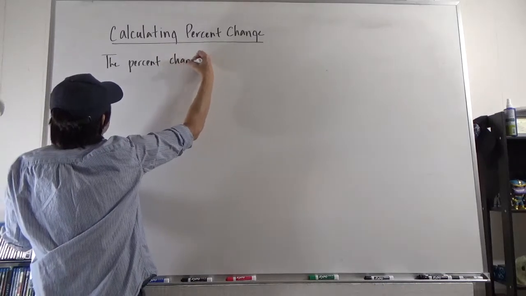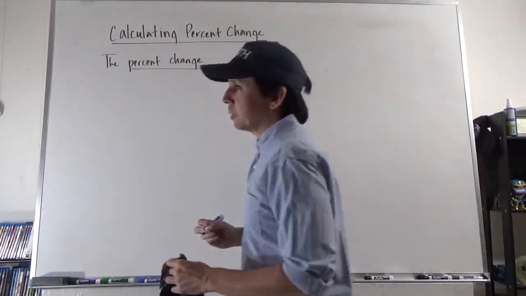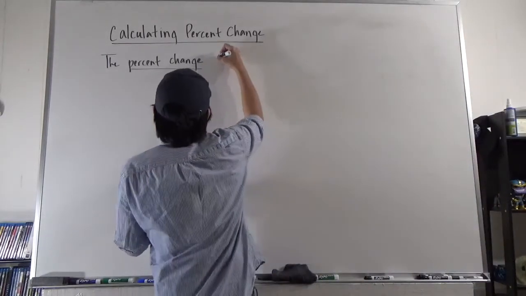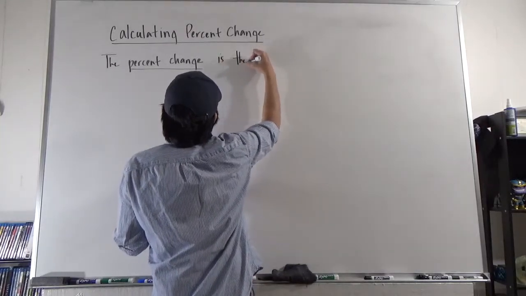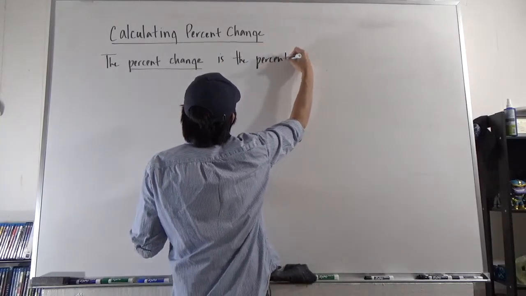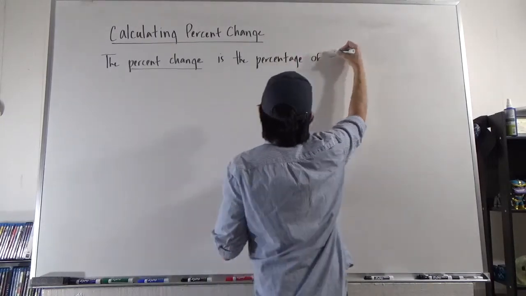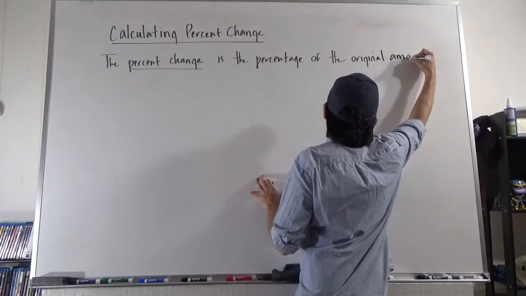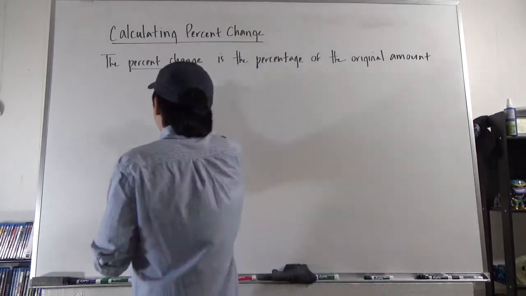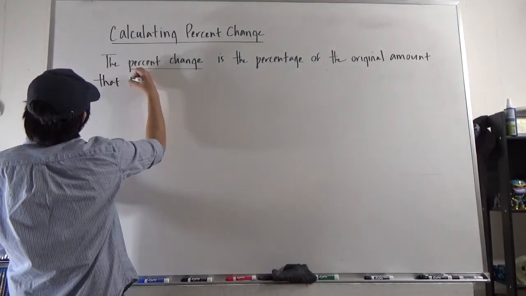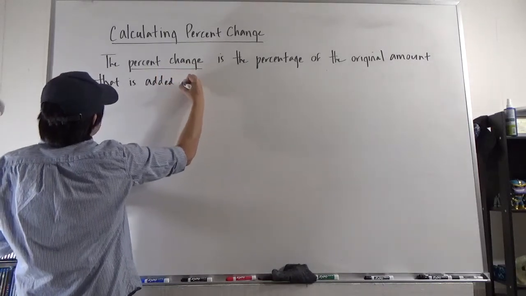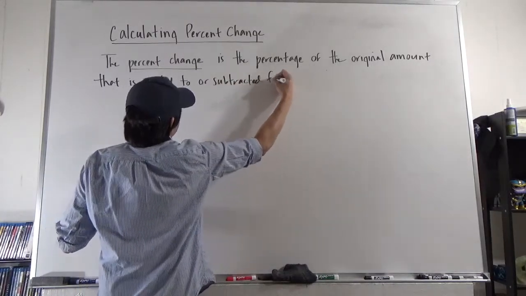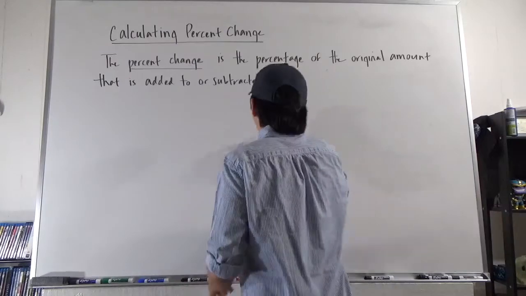The percent change, informal definition that'll need to be explained with an example. C is the percent or percentage of the original amount. That's important, that it's a percentage of the original amount. That is added to or subtracted from the original.